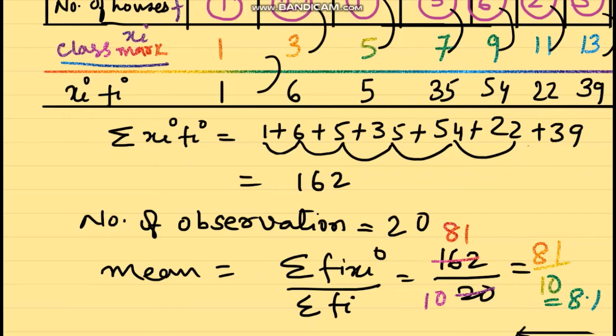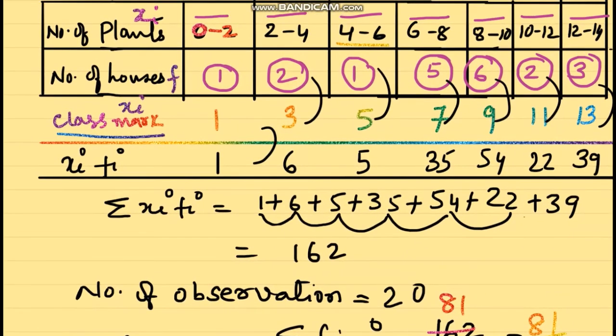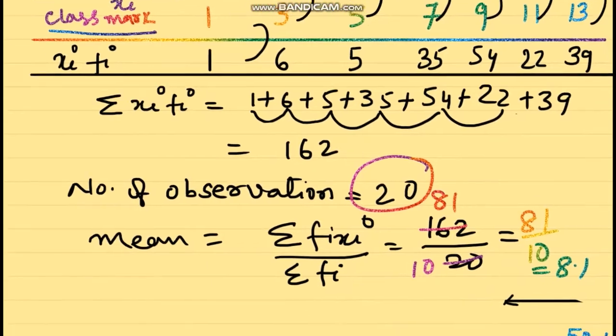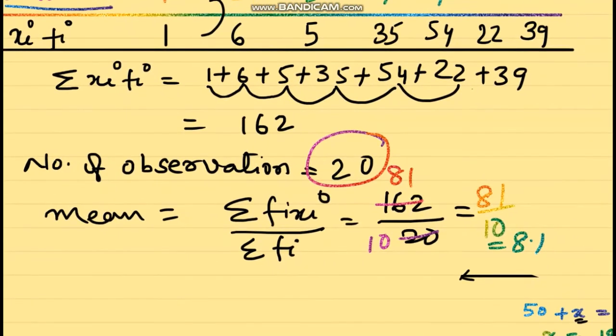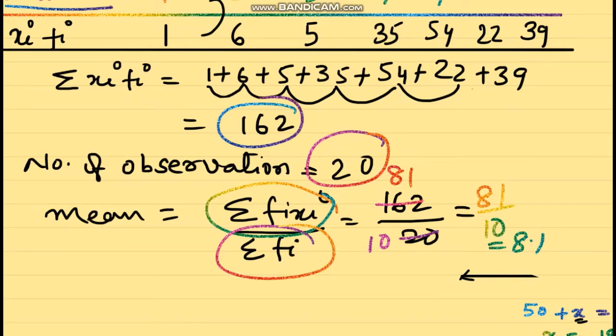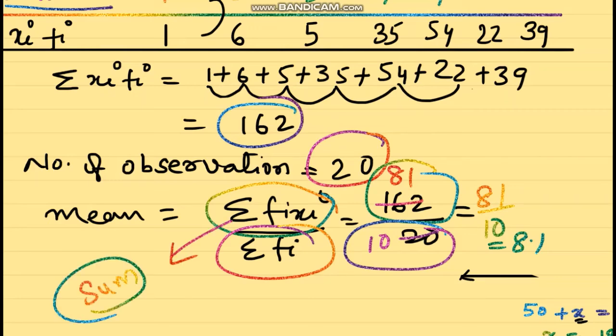Children, total number of houses, frequency sigma fi, is 1 plus 2 plus 1 plus 5 plus 6 plus 2 plus 3. That will give you 20. Sigma fi xi we have calculated, that is 162, and sigma fi is 20. So you get the mean by calculating sigma fi xi by sigma fi. Sigma is the symbol for sum.